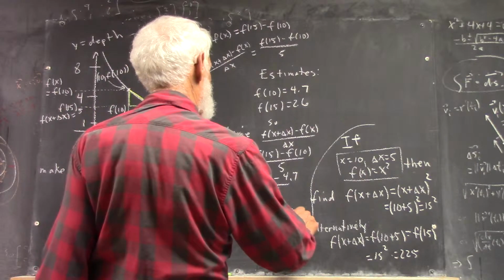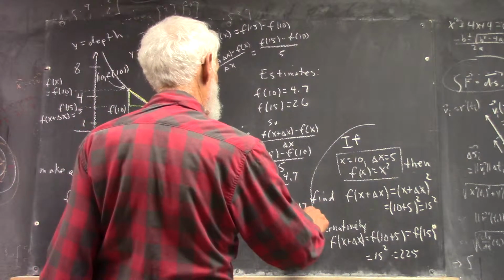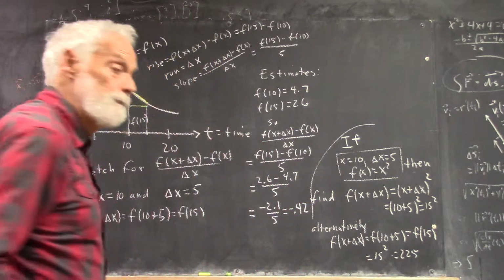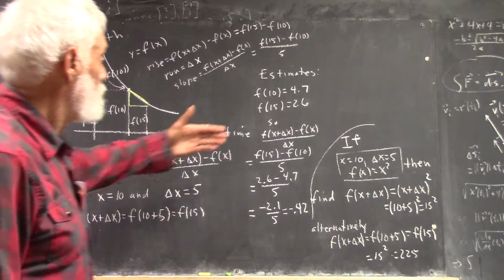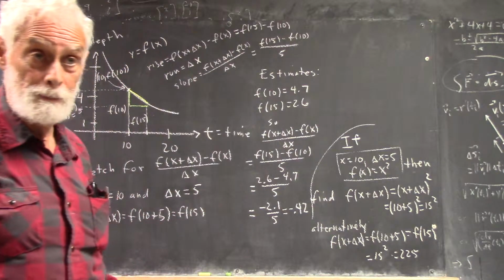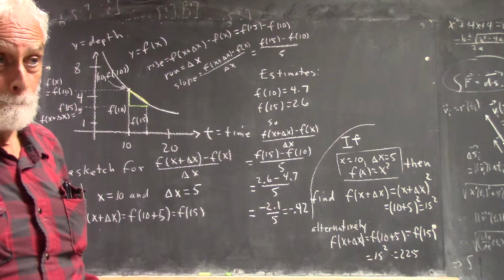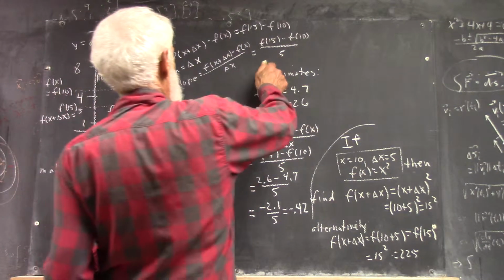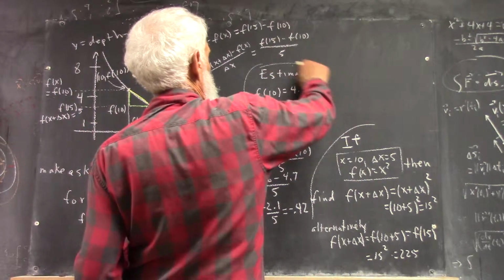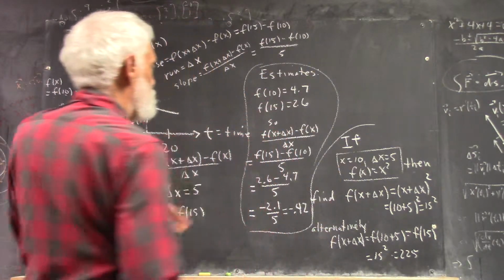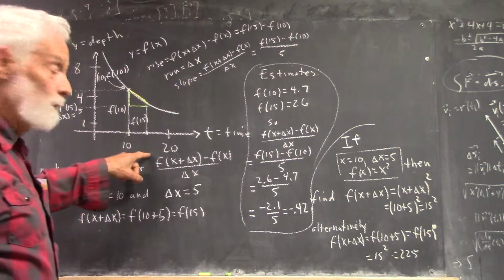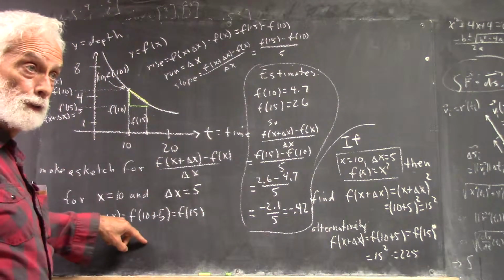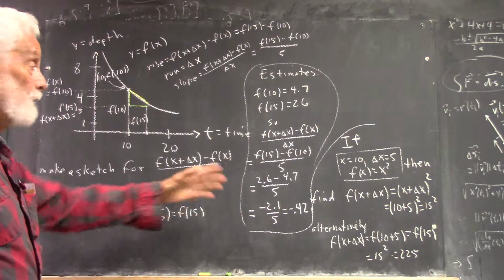And that's negative 0.42. So that's my estimate of this expression. Okay? So right there is a summary of my answer to the question, what is this for these values of x and delta x? And you see the process.